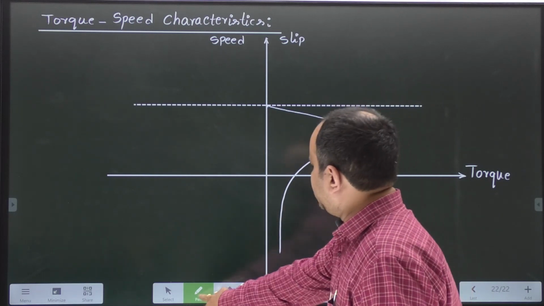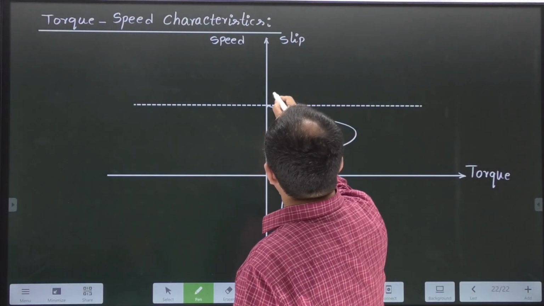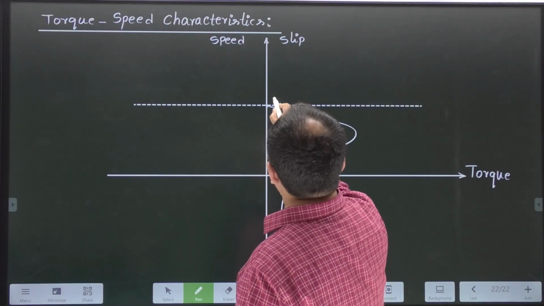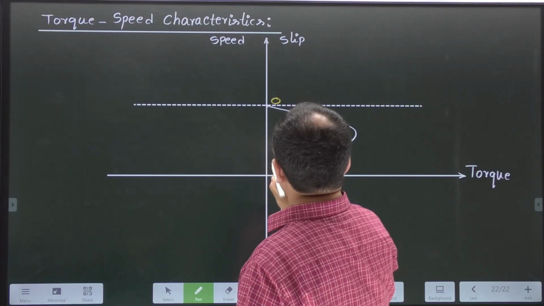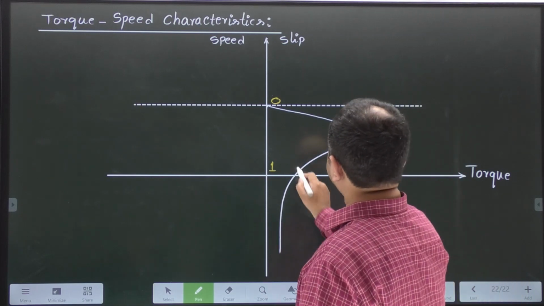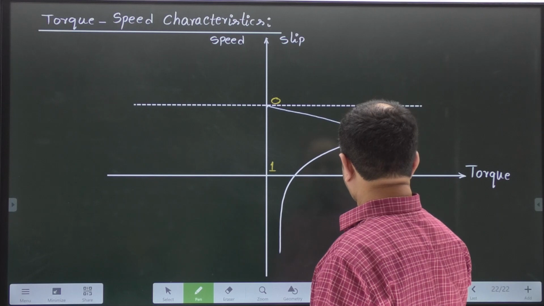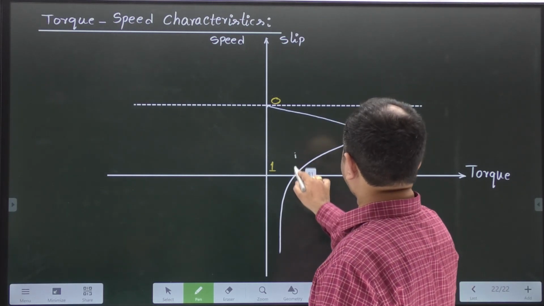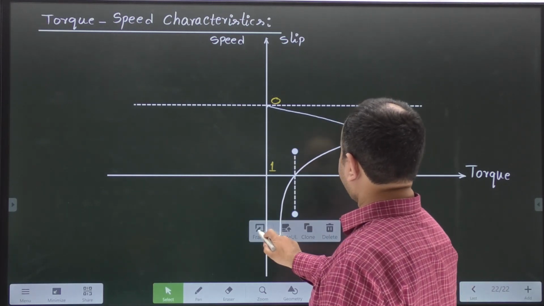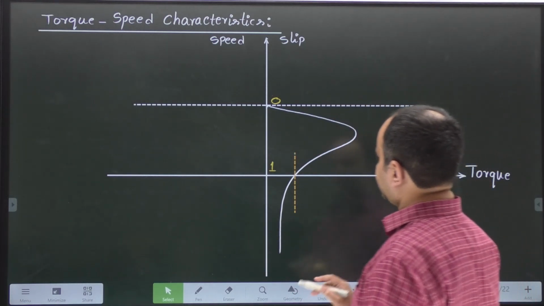So if the slip is 0 here, okay, and 1 here, that means this is the starting torque. This is a starting torque.